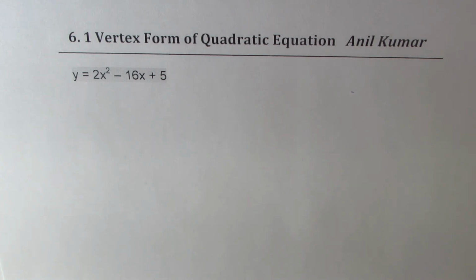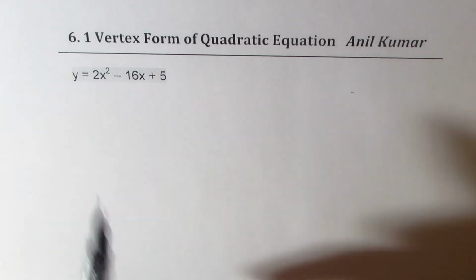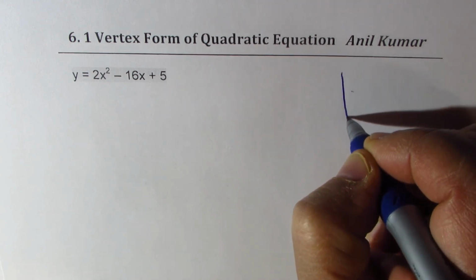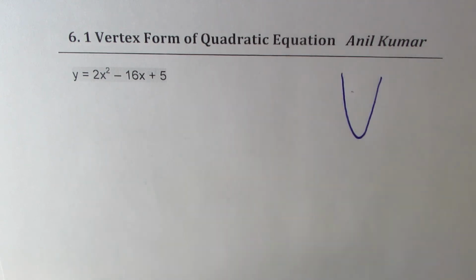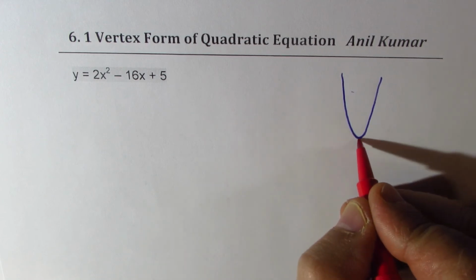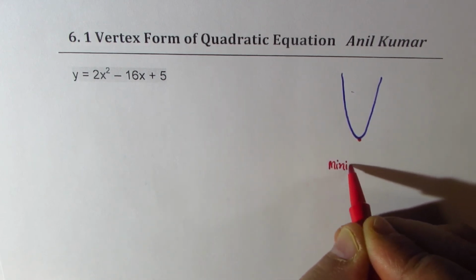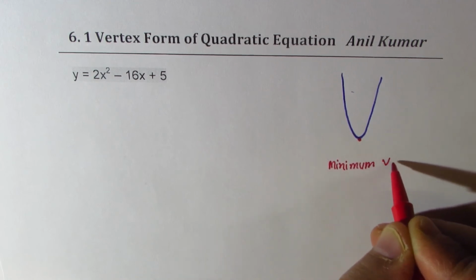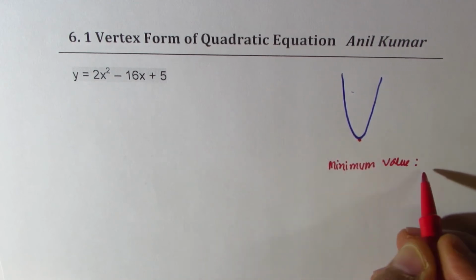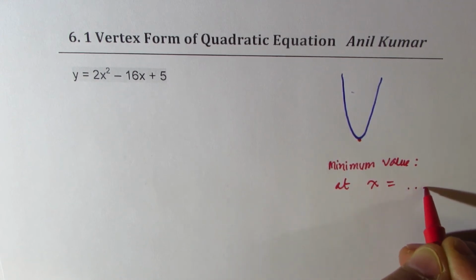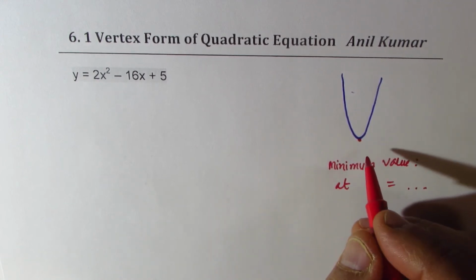In this case, we have a leading coefficient which is positive. So we expect a parabola which will be opening upwards. And in this case, we'll have a minimum value. We have to find what, and at x equals what. That is what we'll try to figure out.